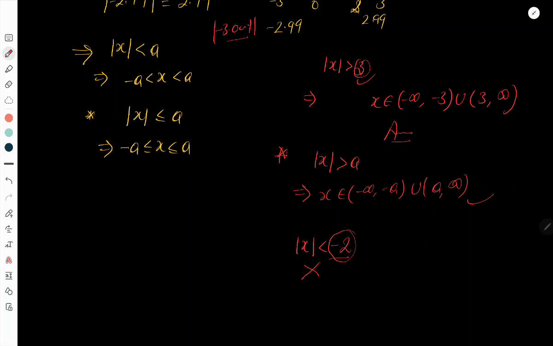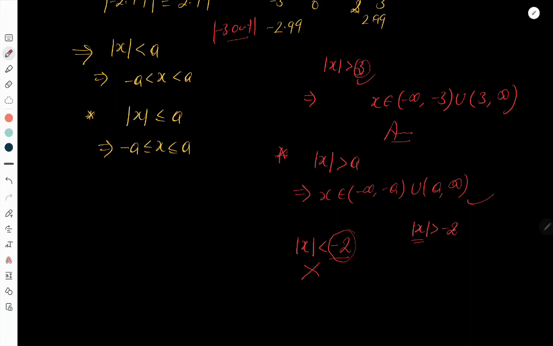So from here you will have no solution. Now let's say I write modulus x is greater than minus 2. Its value is always positive, so a statement of greater than minus 2 is not making very good sense.